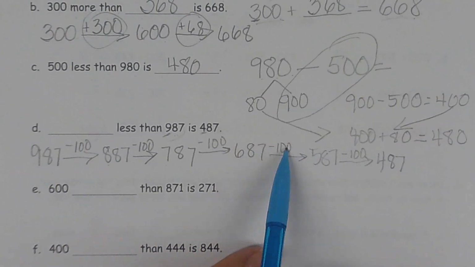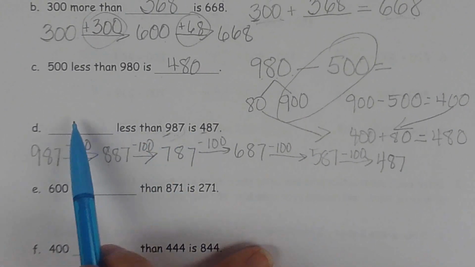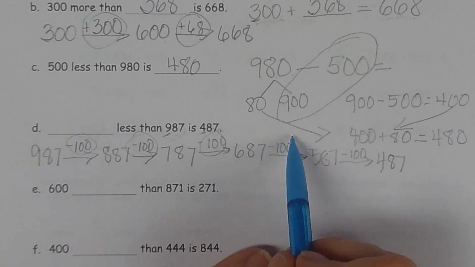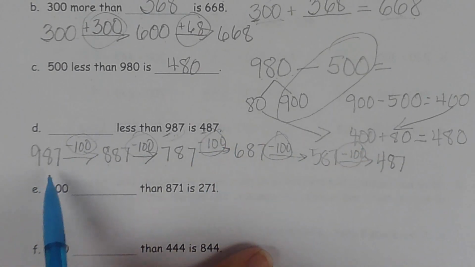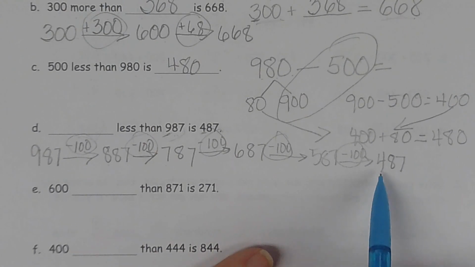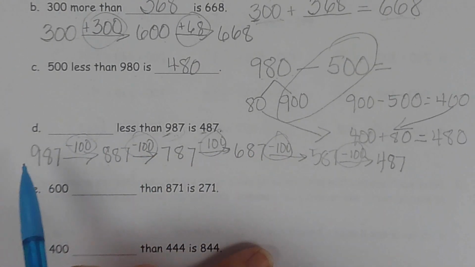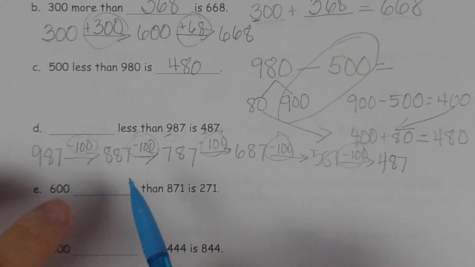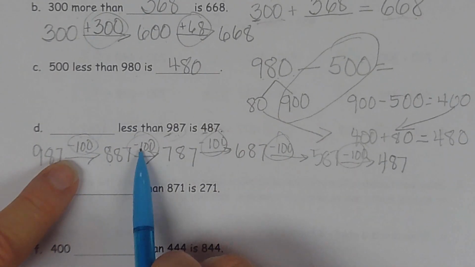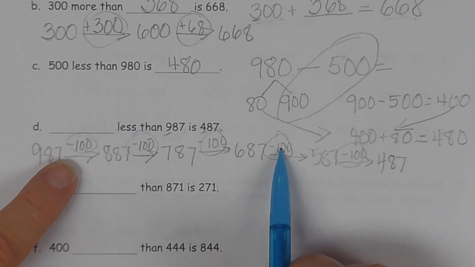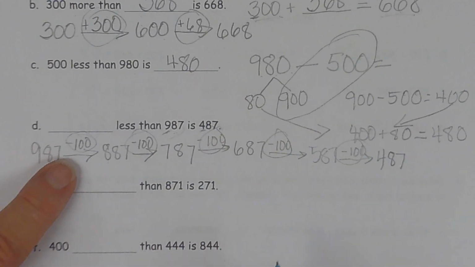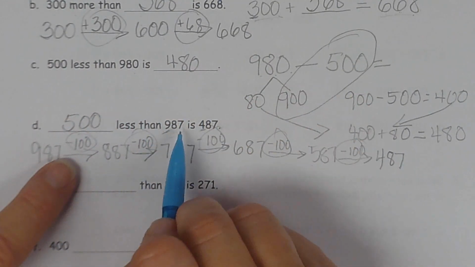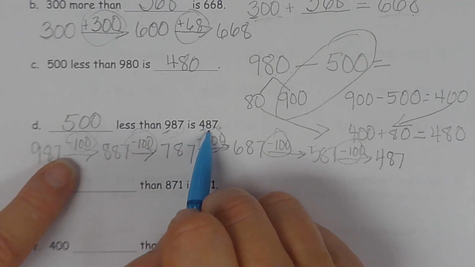Now, in order to find out what we have to subtract, what our other part is, we have to put together these numbers. This is what we took away. If you started at 487, you would have added 100 every time. So you're just going to add these numbers up that are on top of your arrows: 100, 200, 300, 400, 500. 500 less than 987 is 487.